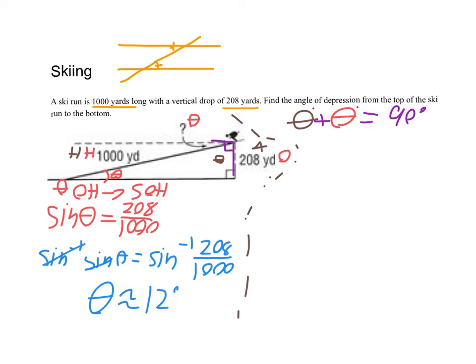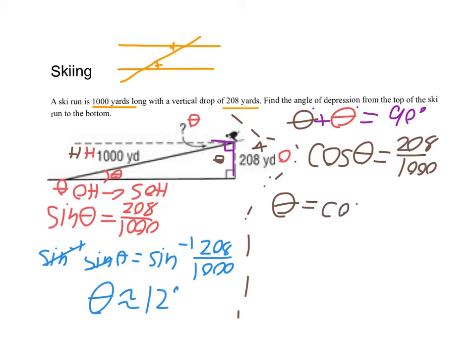So instead of a sine function, we're going to be dealing with a cosine function. The cosine of brown theta is equal to my adjacent side of 208 divided by 1,000. We'll use our inverse cosine function to rewrite our equation as theta is equal to the inverse cosine of 208 divided by 1,000. Plug that into our calculator.